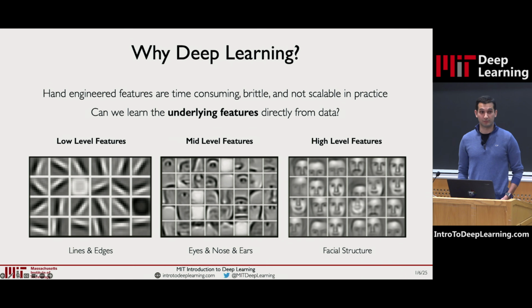The problem is that if we as humans define those features, we're not usually very good at building very robust features. For example, let's say I told you to build an AI model that could detect faces. How would you do this? What features would you build in an image to detect faces?